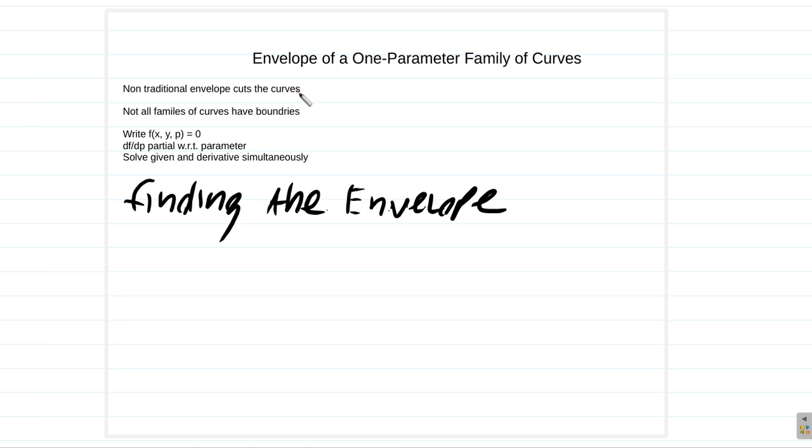The definition of the envelope, as we saw before, is a certain curve that is tangential, in other words, touches each member of the family of curves.